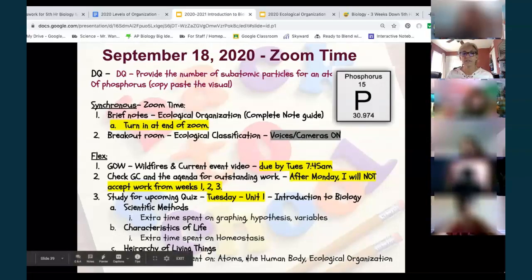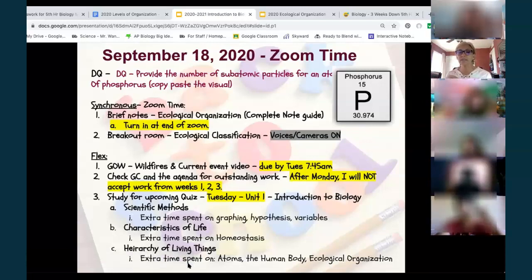So under the levels of organization, we spent time talking about atoms, the human body level, and the ecological organization, right? So for all of those, you should recognize examples, be able to recognize their definitions, make it like a useful knowledge, right? So if I gave you an example of a scientific process, you would be able to identify where observations were being made or where data was being collected.